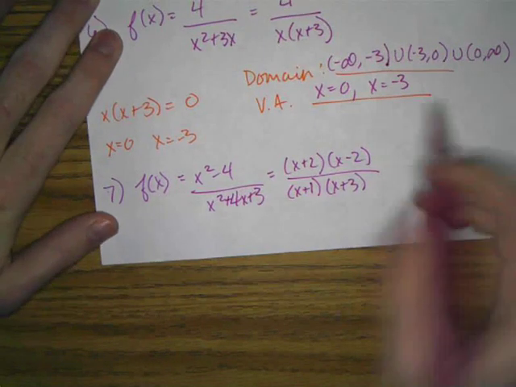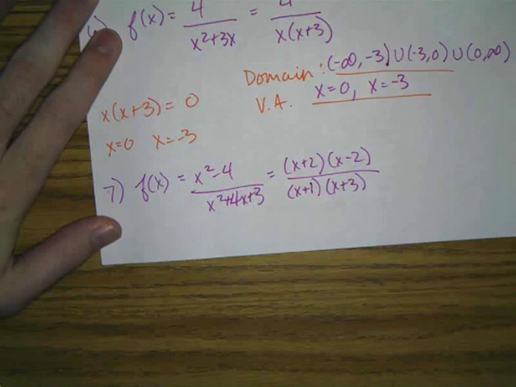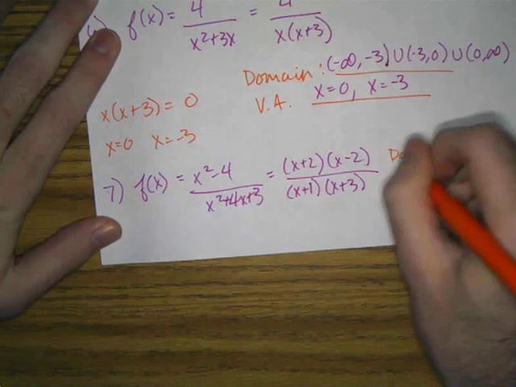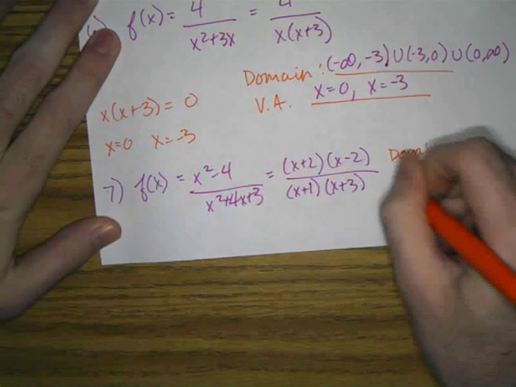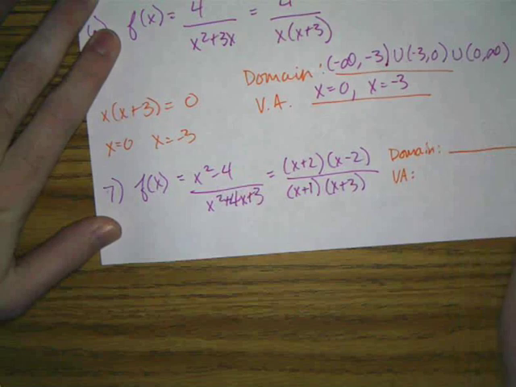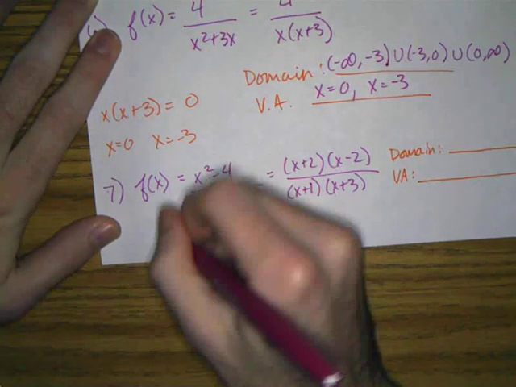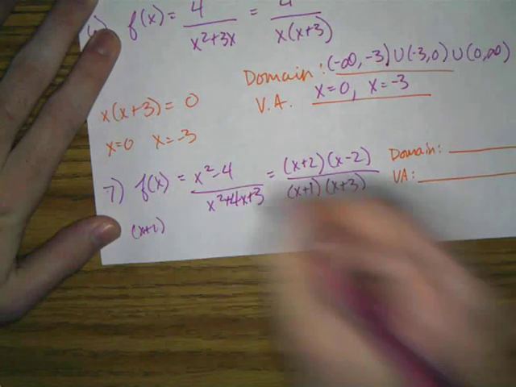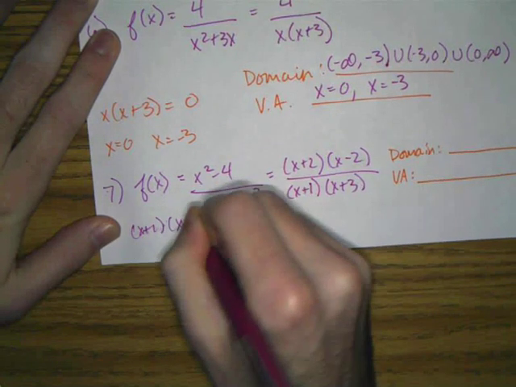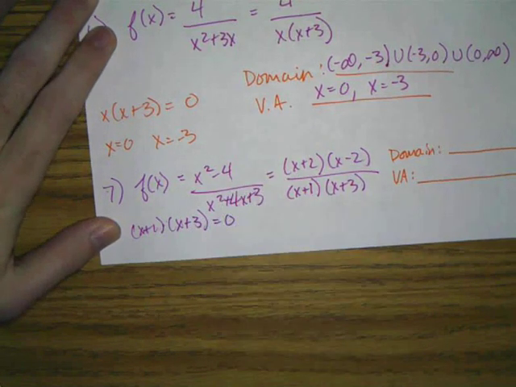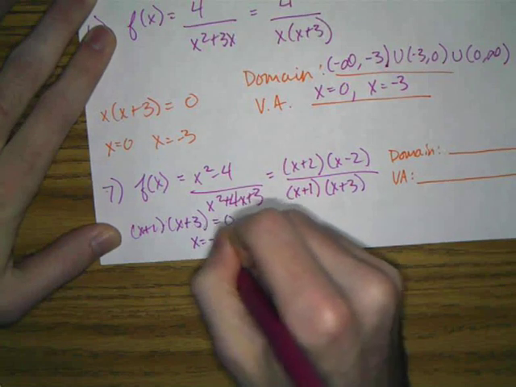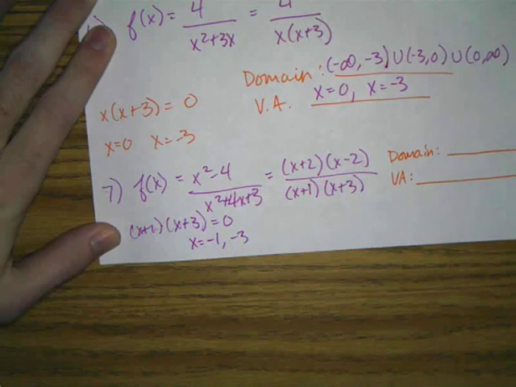Okay, so finding my domain and vertical asymptotes. To find the vertical asymptotes, I set the denominator equal to 0. x plus 1 times x plus 3 is equal to 0. That gives me x is equal to negative 1 and x is equal to negative 3.